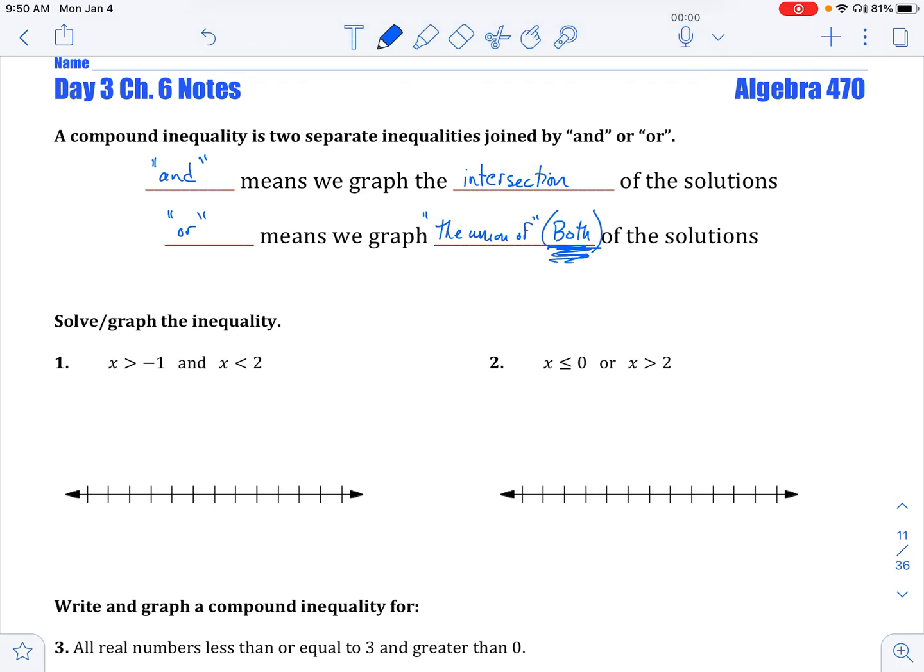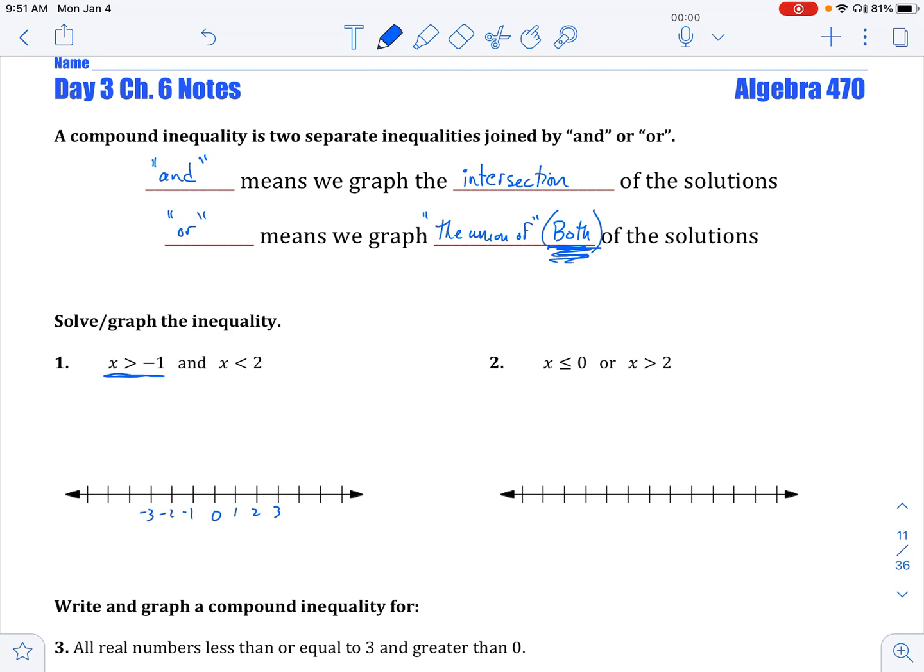So when I look down here at number 1, I'm going to graph these in two different colors, but since this is an "and", the solutions are coming from the intersection of these solutions. I need to recognize where 0 is, and I'm going to graph -1 here, and 1, 2, 3 out here.